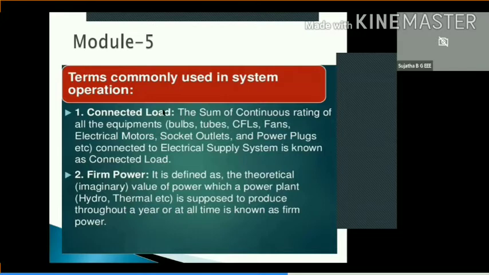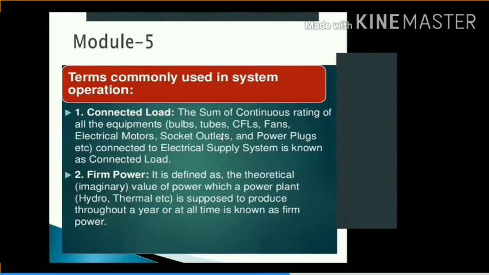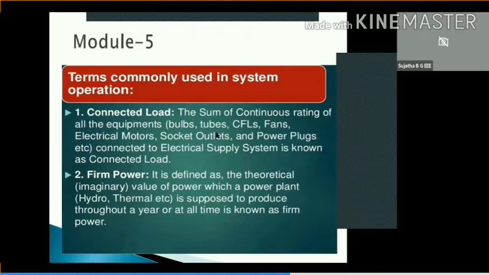So there are different types of tariffs used by the system. You are going to study about that and also about the significance of power factor. I think the power factor part Gupta sir will consider. So the remaining part in module 5 I will be discussing.